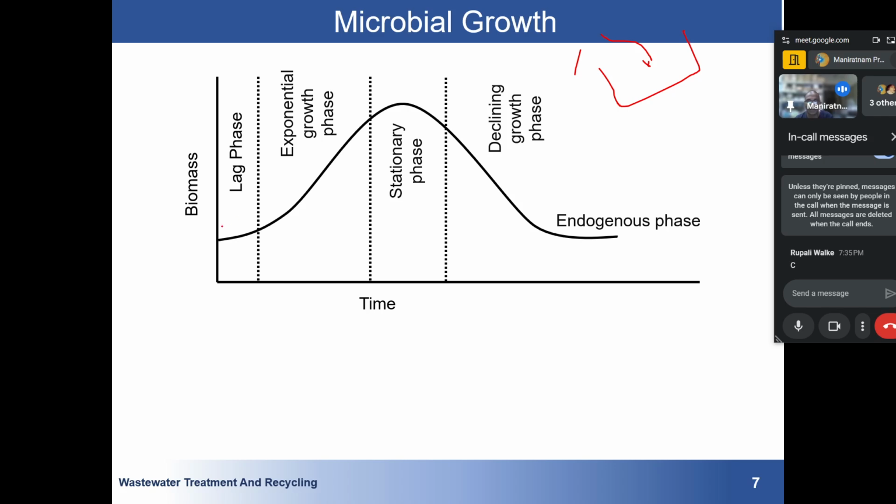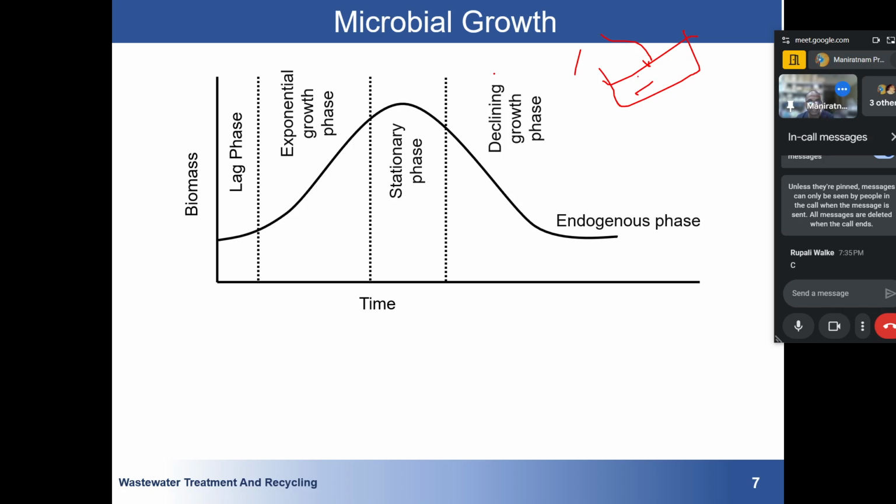Once they have adjusted, they see that a huge amount of food is available, because organic matter is present. The bacteria start eating that food, and in this way they release energy, and that energy is used to generate new biomass, or in simple terms, the reproduction of the microbes increases.